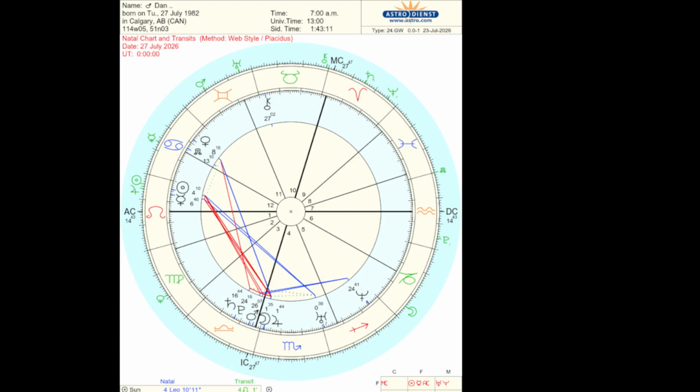So with Cancer as your North Node, you have to learn to listen to your heart a little bit more in life, not get too consumed by your responsibilities, and just learn to embrace your heart a little bit more, right?